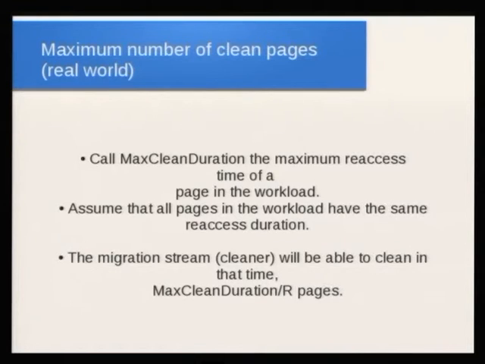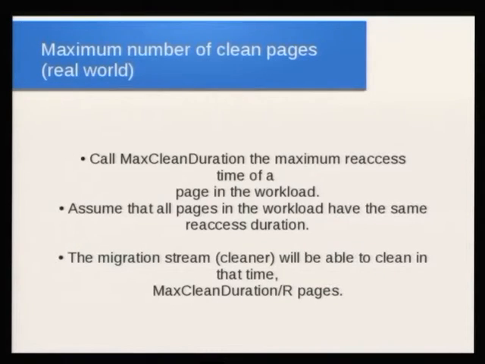So in the real world, what is the maximum number of clean pages? It depends on how far apart you reaccess a page. So if you have a few pages that have very distant reaccess times, and you assume that you have a large number of those pages, then that determines the maximum number of clean pages that can be achieved.